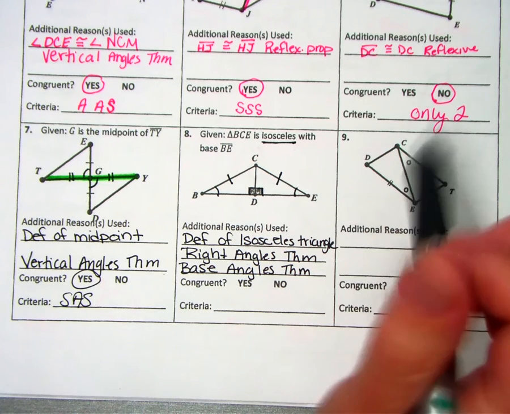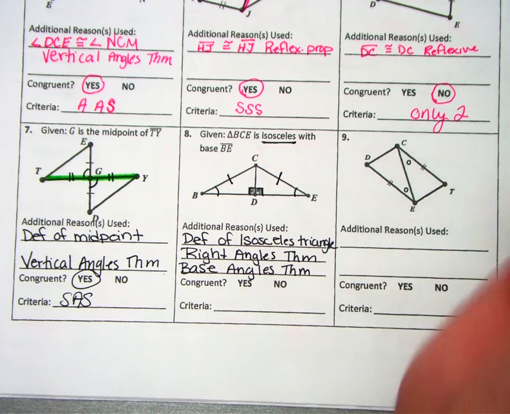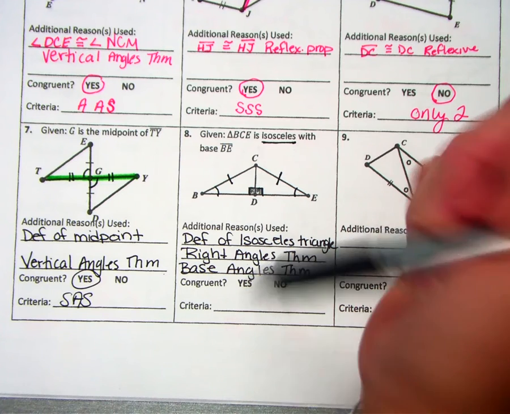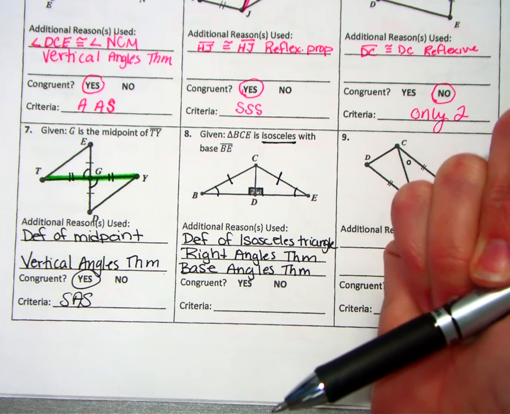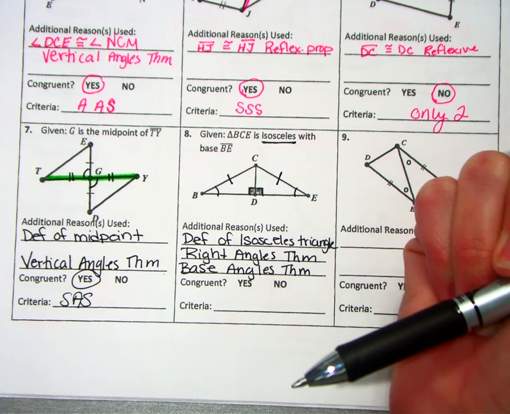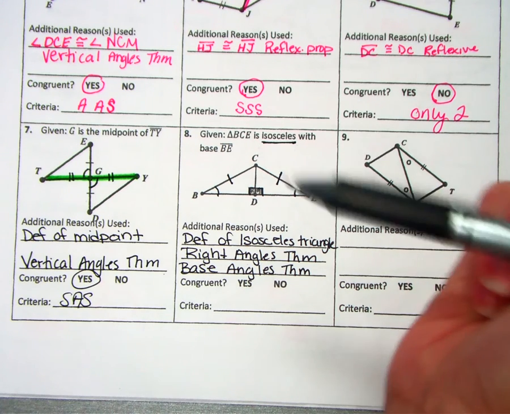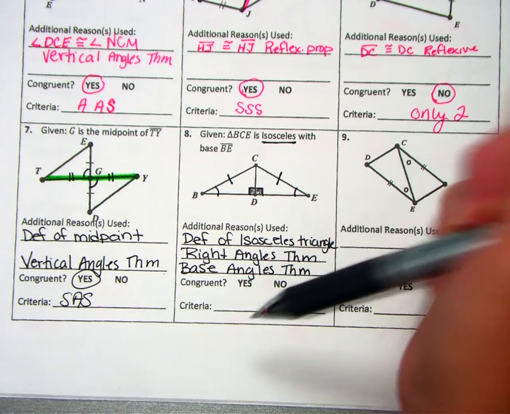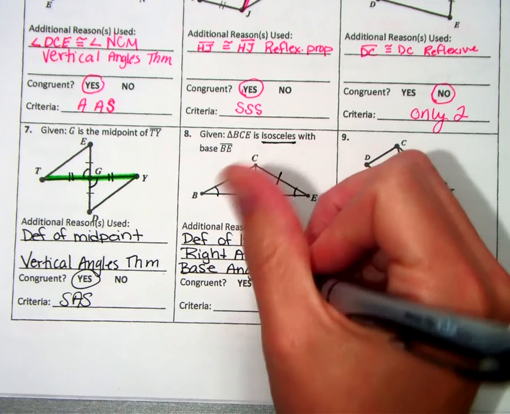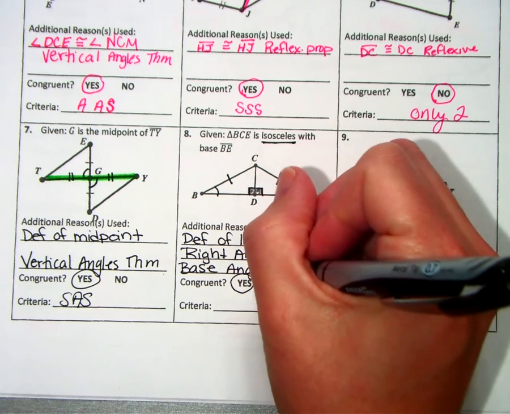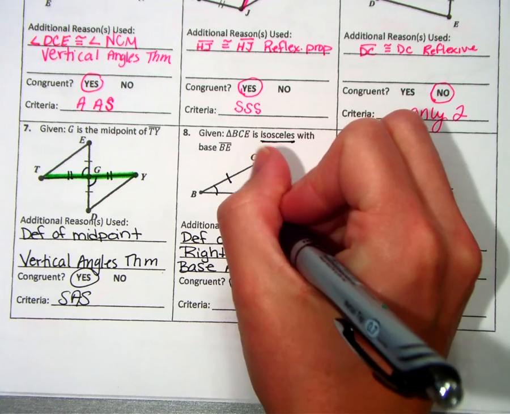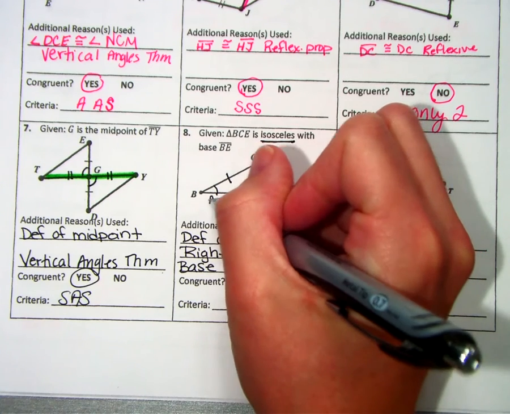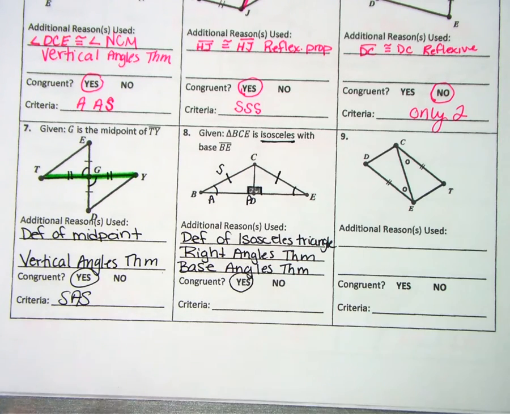Could I also mark the reflexive? Sure, but you don't need to. I could have done the reflexive instead of the base angles theorem, but it would just give me a different criteria. So my triangles are congruent here. I have a set of angles, I have a set of angles, and I have a side.